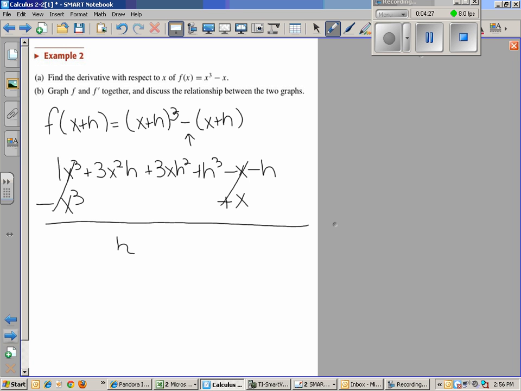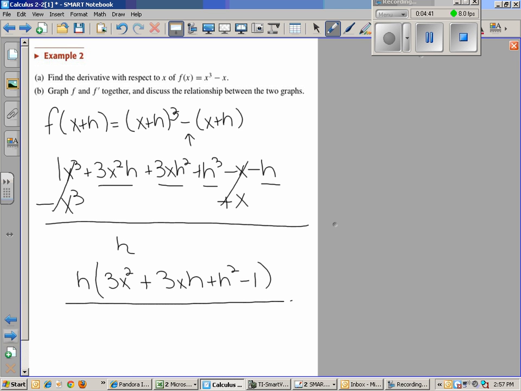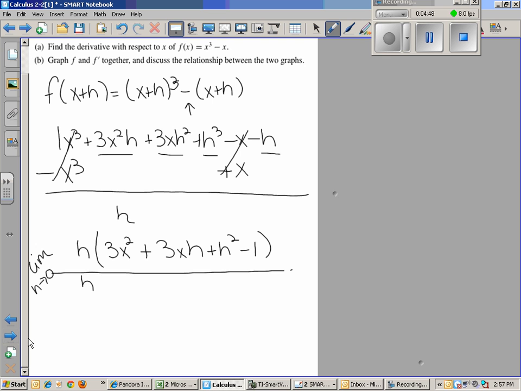Gone, gone. And so now I want to factor an h out of my 4 remaining terms. So h leaves me 3x squared plus 3xh plus h squared minus 1. And all the while, I need to be remembering the limit as h goes to 0.